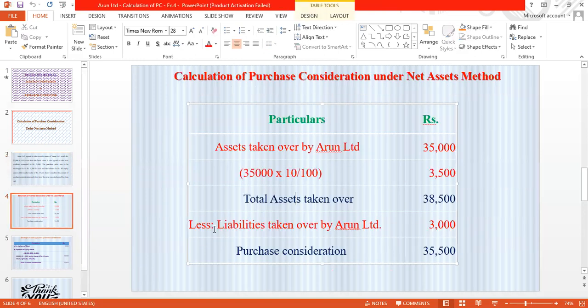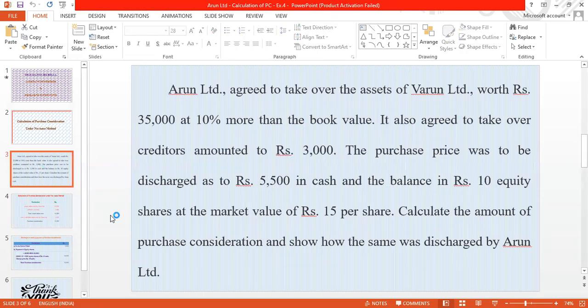Less liabilities taken over by Arun Limited, 3,000. 38,500 minus 3,000, we get 35,500. This 35,500 is the purchase consideration.